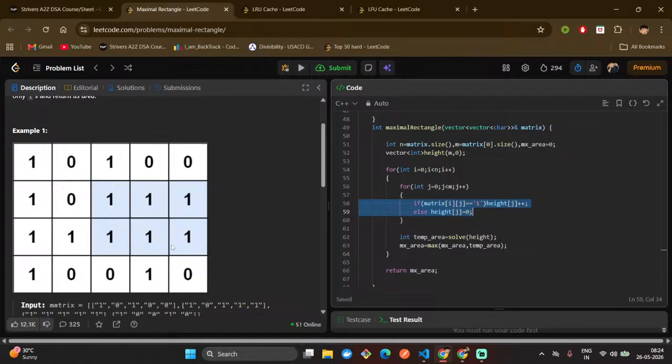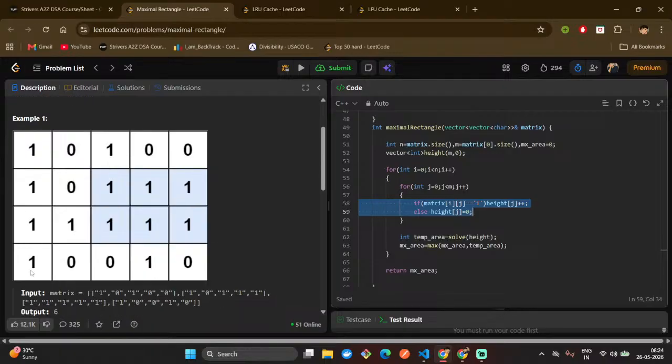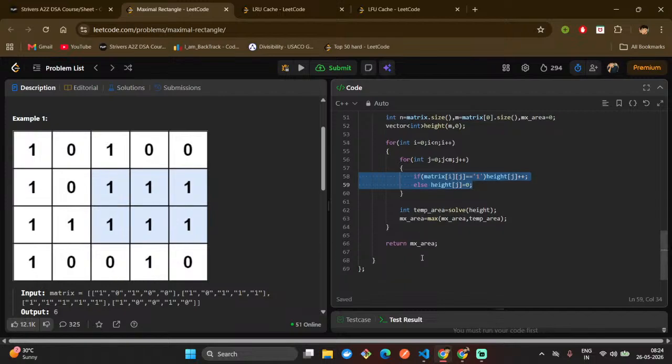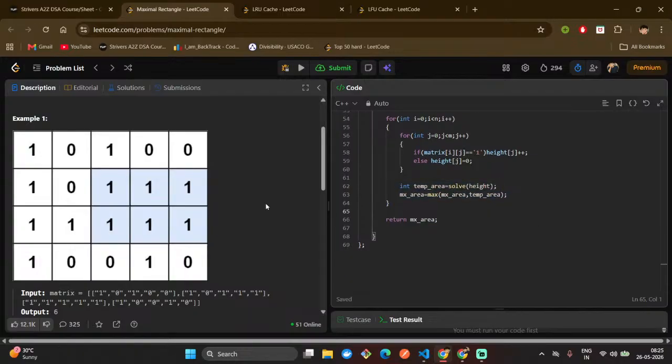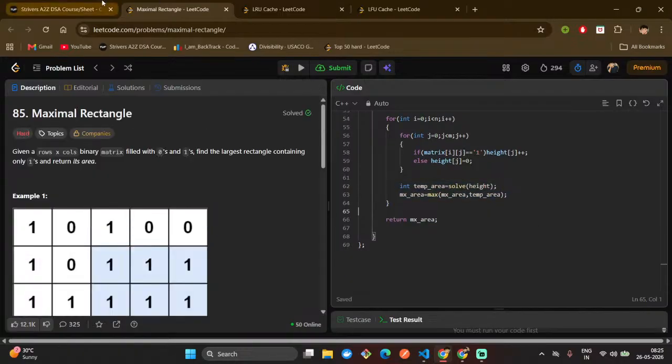Now second is 3, now third is 4. So you have to just maximize the area, that's it for this problem.